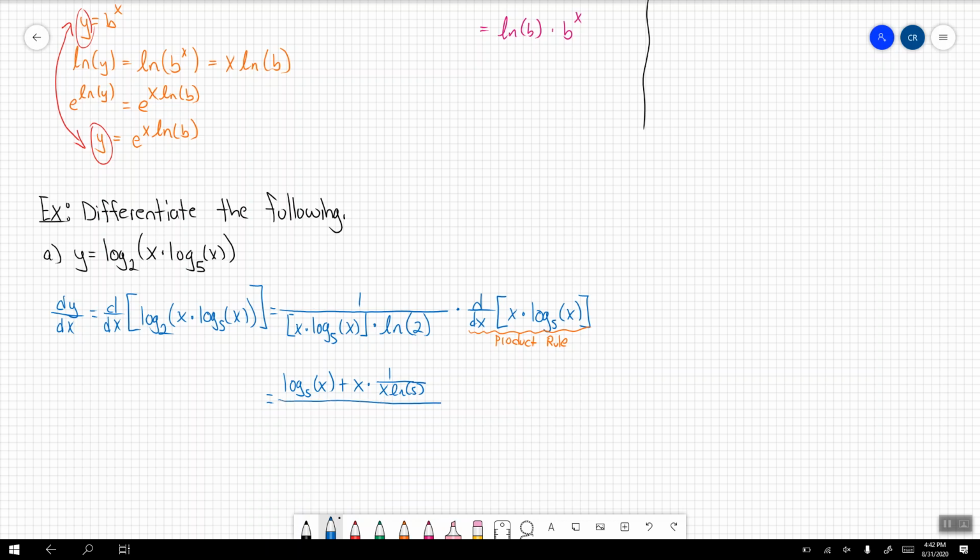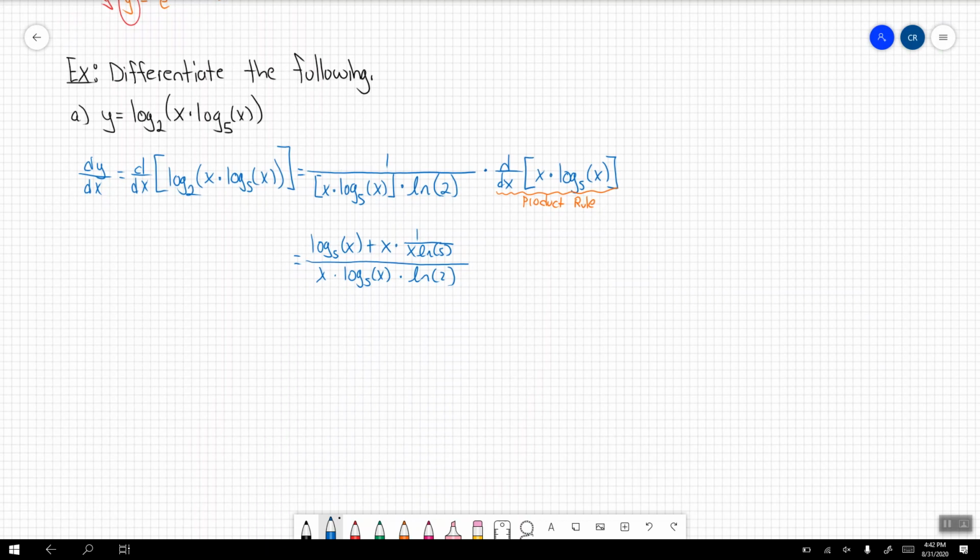And this is all divided by x times log base 5 of x times natural log of 2. Awesome. Everything's looking pretty good so far.